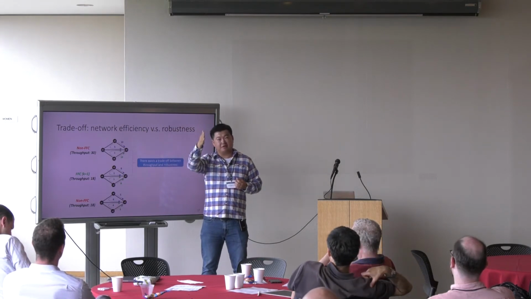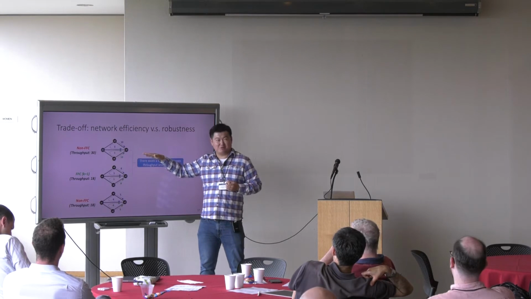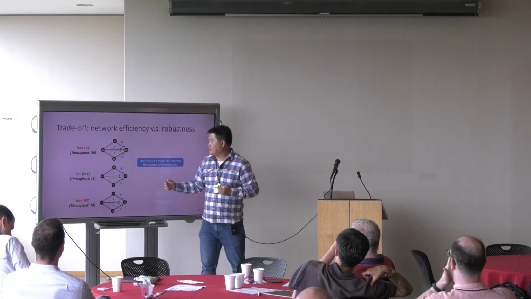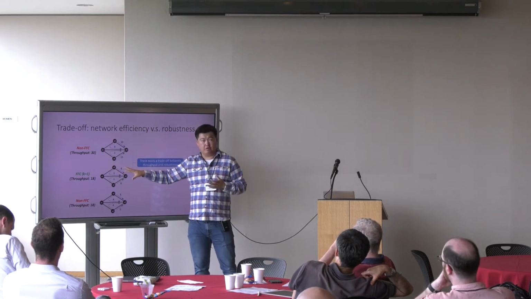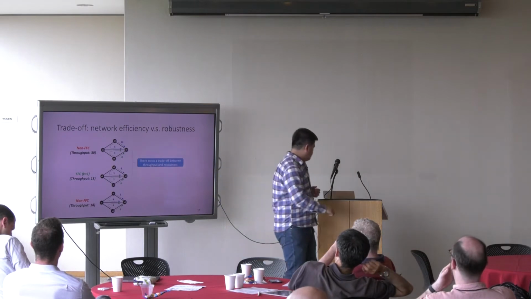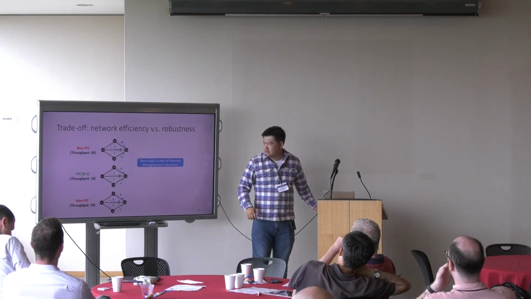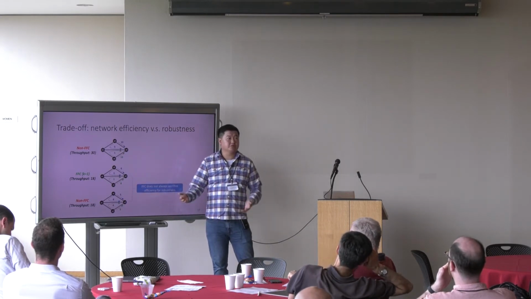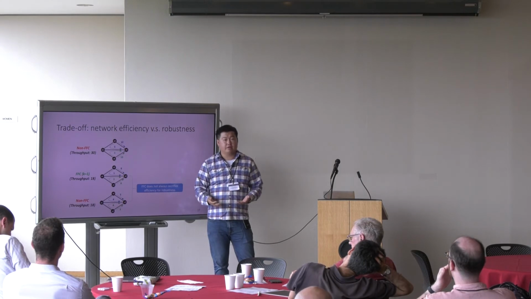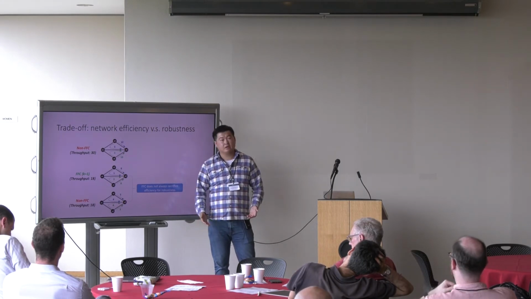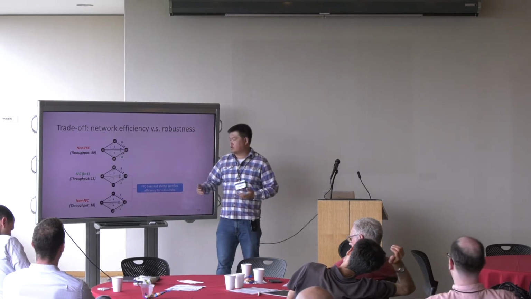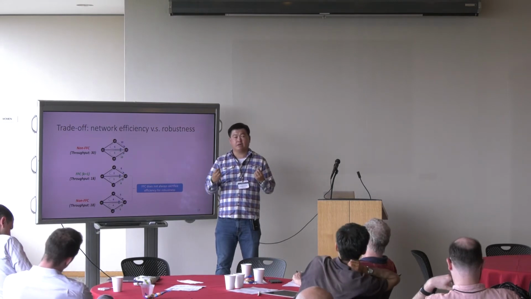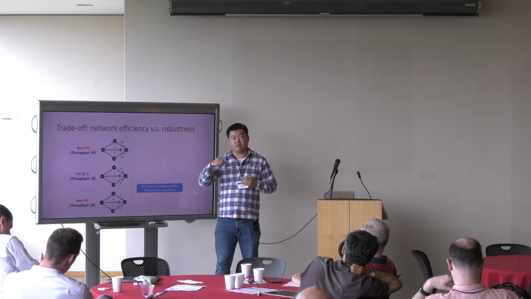That's why later work shows that I have throughput loss, but it is a price that I pay for the robustness. But the cost is not certain, because if we compare these two, their throughput is the same, yet because of the different traffic engineering, they have different robustness properties. What we want is to find a very good FFC traffic engineering that has this property and, under it, also maximizes the throughput.